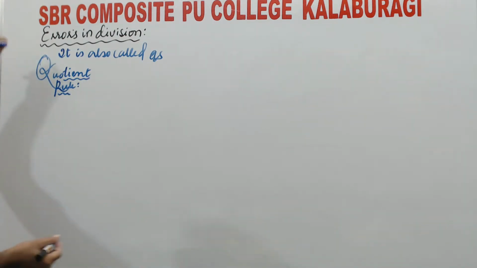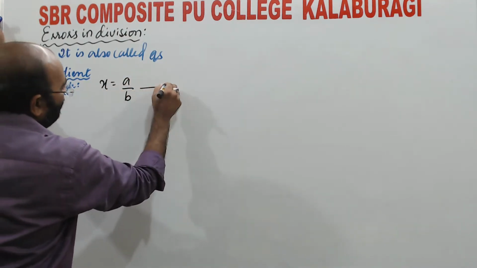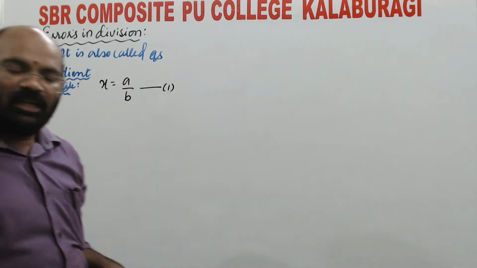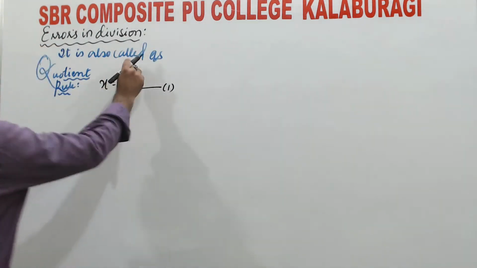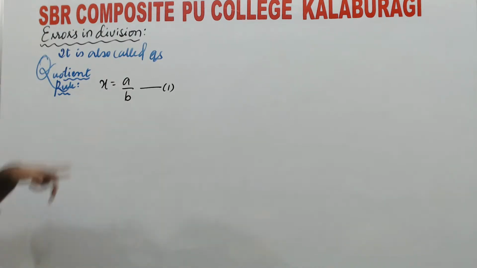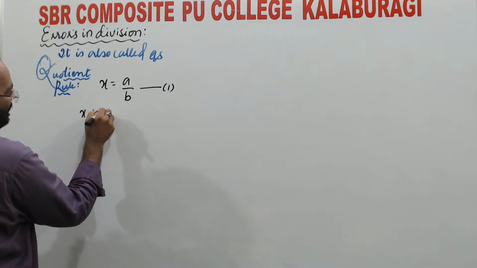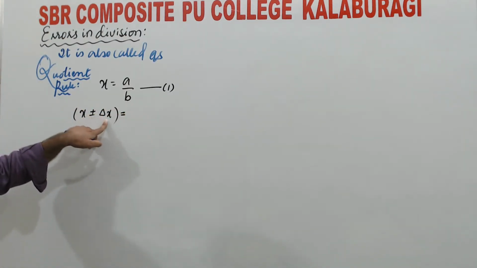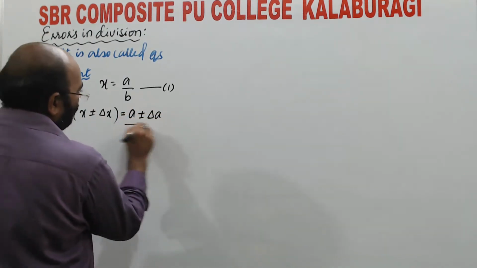Consider the corresponding physical quantity, which is going to be taken as x equals a by b. This is for the first condition we got. Then apply the same procedure. There is no change. We know that a and b are the two physical quantities, and the error associated with a and b is given. So x plus or minus delta x equals a plus or minus delta a, whole divided by b plus or minus delta b.